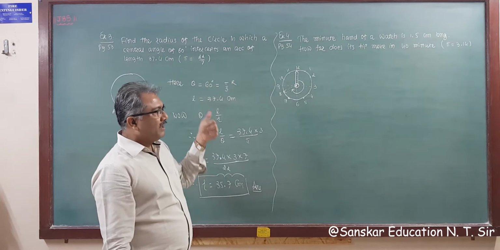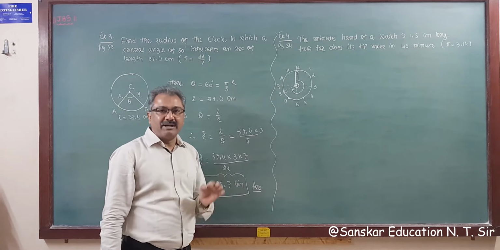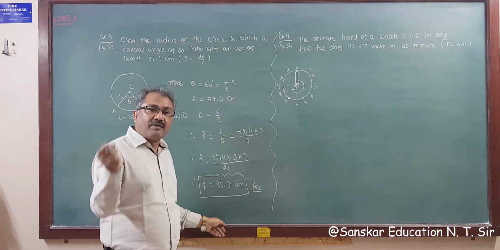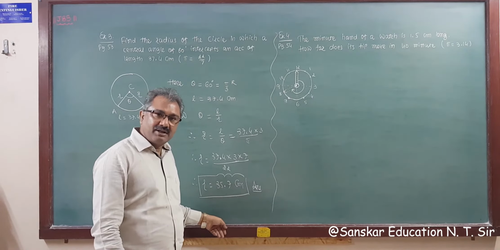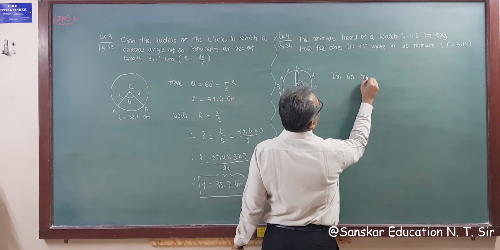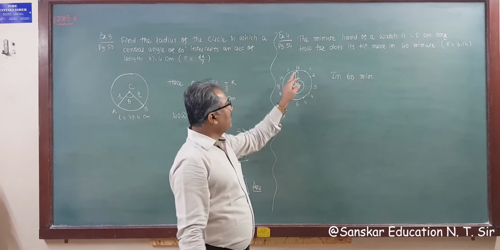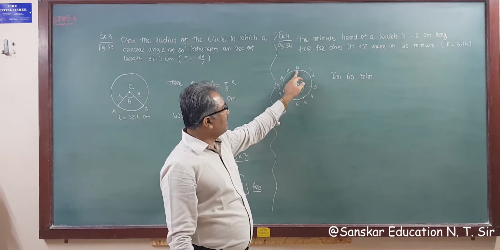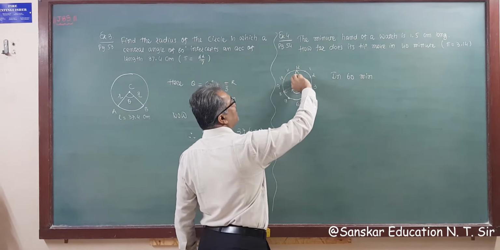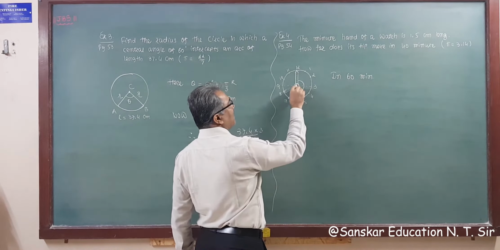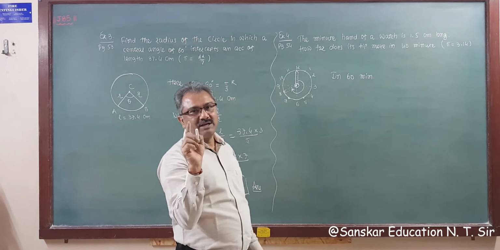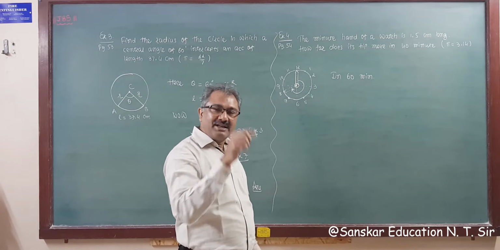Now you know in 60 minutes the minute hand completes one revolution, that is 360 degrees. If we start from here and the minute hand keeps moving like this, then it completes one revolution, that is, it moves 360 degrees.